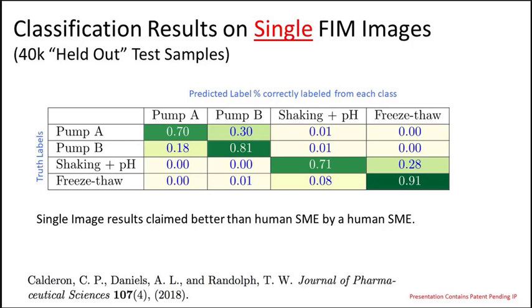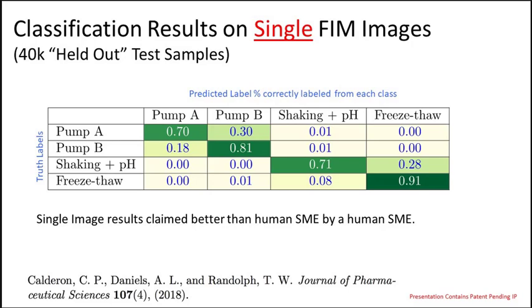We know that the true label here is our pump A IVIG particles, and this says that 70% of the time in that collection of test data, we correctly labeled the images that came from pump A as pump A. And the same thing for these other classes where we had IVIG and the monoclonal antibodies.